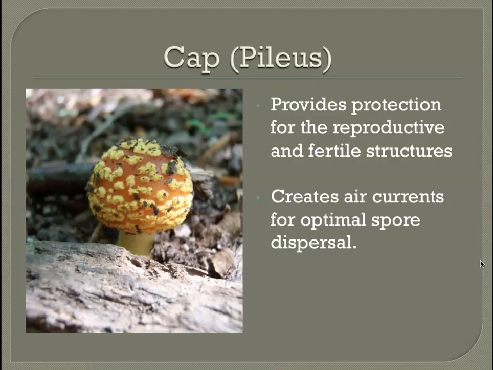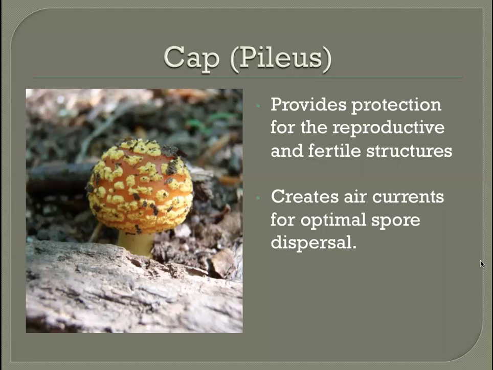So the first thing that we'll jump into is the cap. And the cap is also called the pileus. You can refer to it either one. If you want to get fancy, you could call it pileus. But the cap provides the structure for spore making, so to speak, the reproductive structures and the fertile structures.